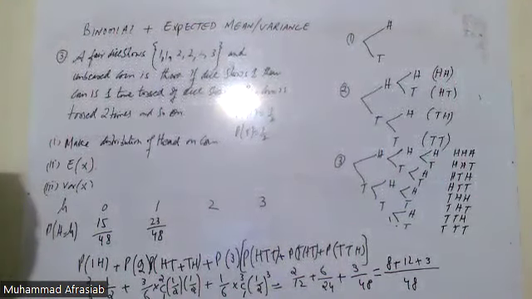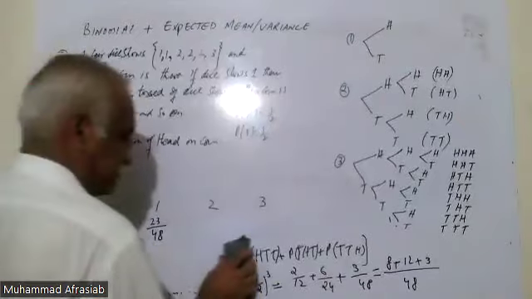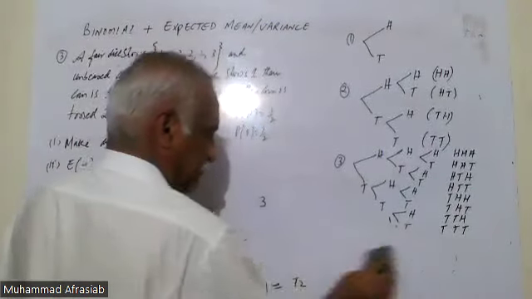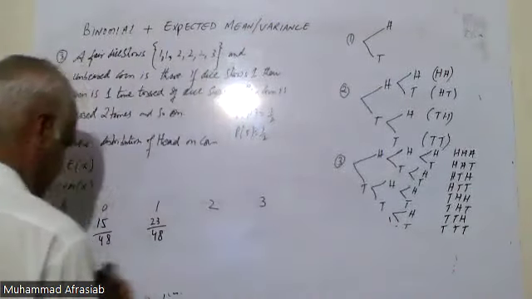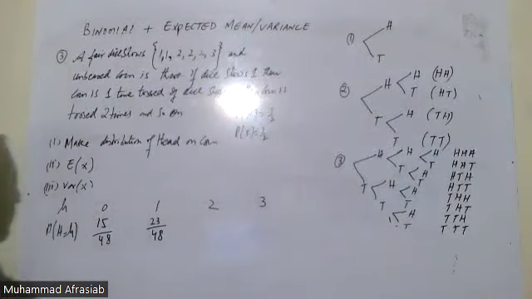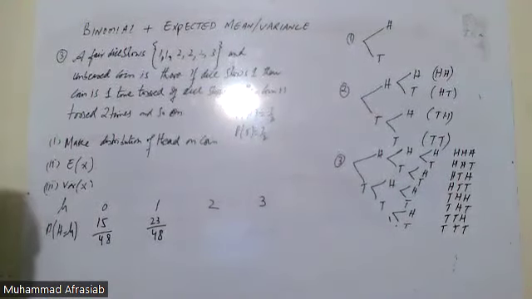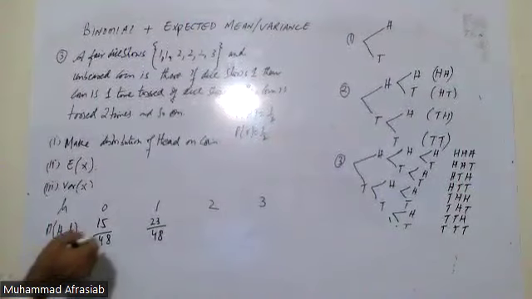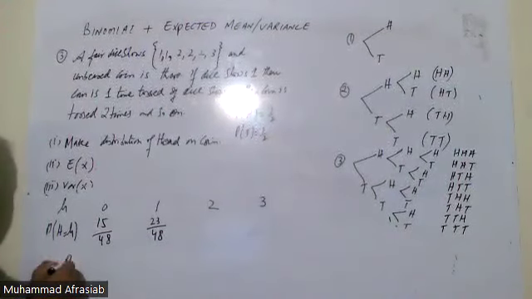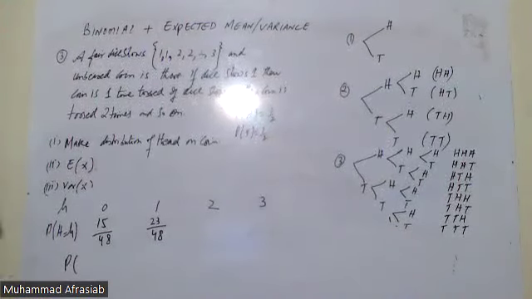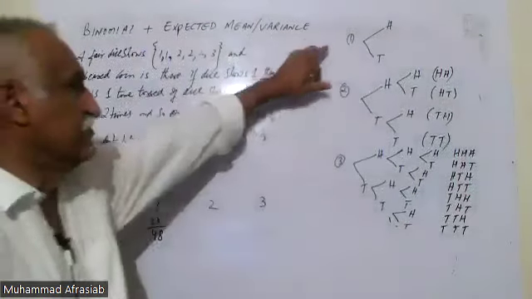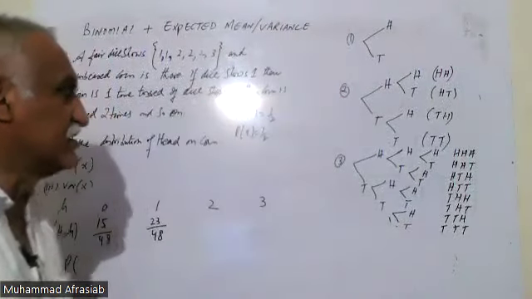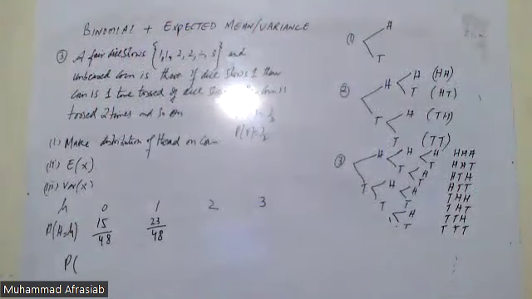Now we are finding when two heads are there. It means we cannot throw one time; it is eliminated because we cannot get two heads in one toss.